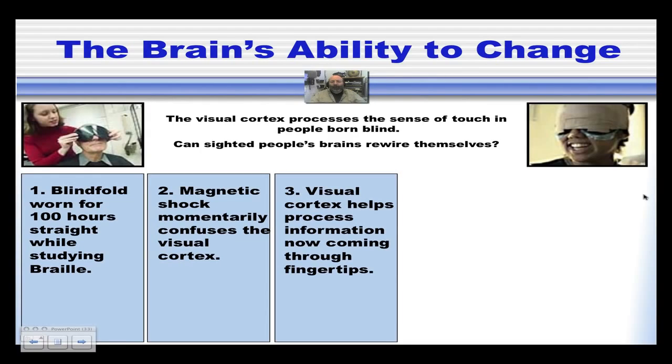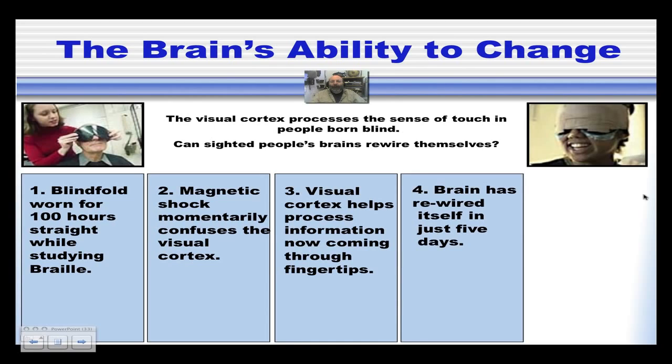And then the visual cortex will help process that information that's now coming through their fingertips. So since it doesn't have to process vision anymore, it decides instead to focus on something else. In this case, hey, I'll help you learn Braille. Right? And then the brain simply has rewired itself in just 5 days. So in 5 days, they can take a person whose occipital lobe was processing vision, and then 5 days later, all of a sudden, they're basically doing Braille, and they're doing it quite well.